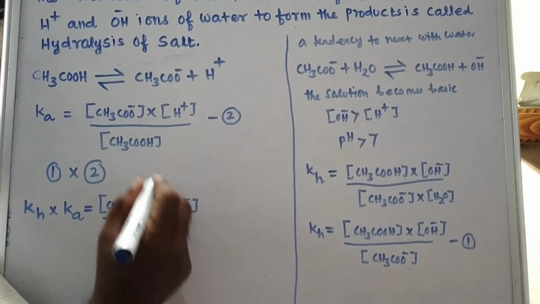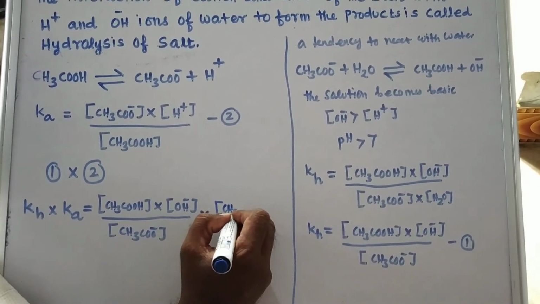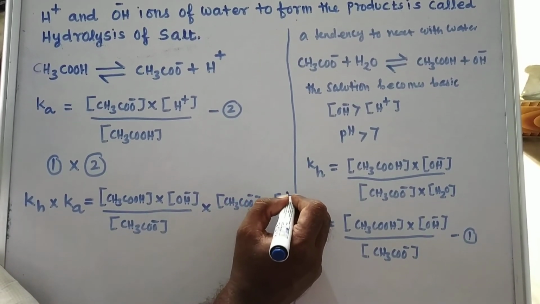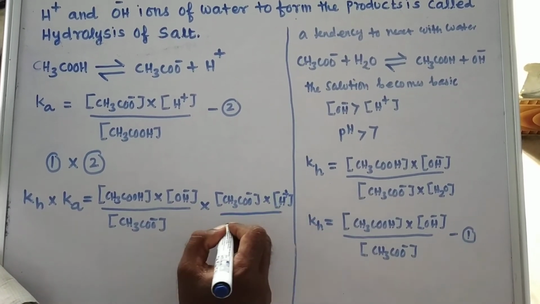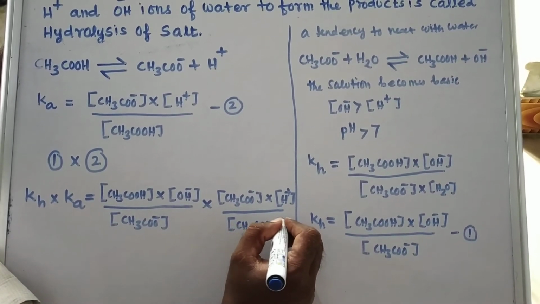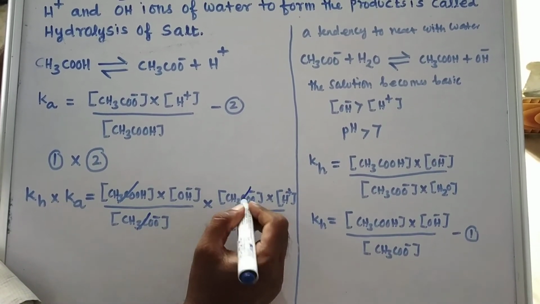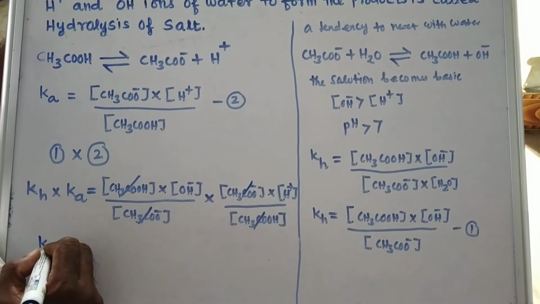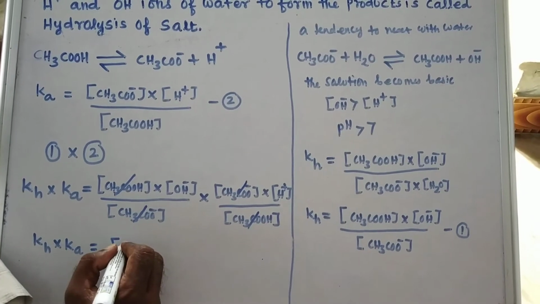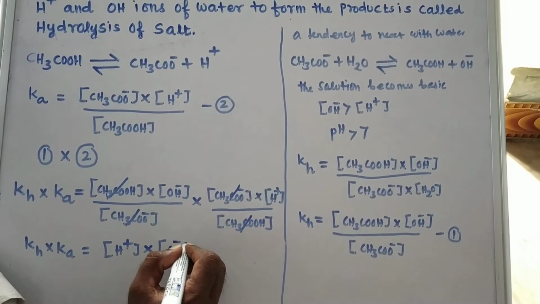Then in this equation on the right hand side, concentration of the acetate ion into concentration of the H plus ion by the concentration of the acetic acid. These are cancelled out. Then Kh into Ka is equal to the product of H plus into OH minus ion.